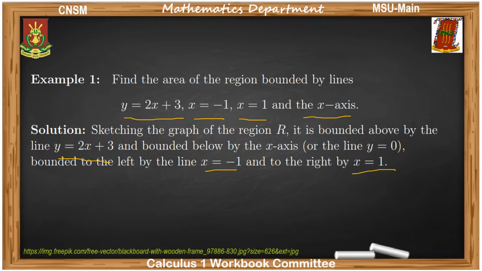So by this given, we can easily determine the bounded below, which is the x-axis or the line y equals 0. It is bounded to the left when x equals negative 1, and to the right when x equals positive 1.